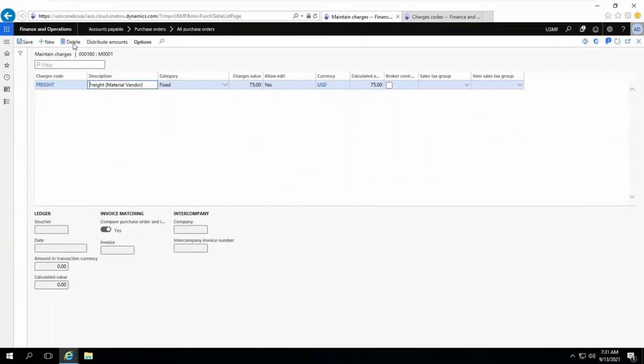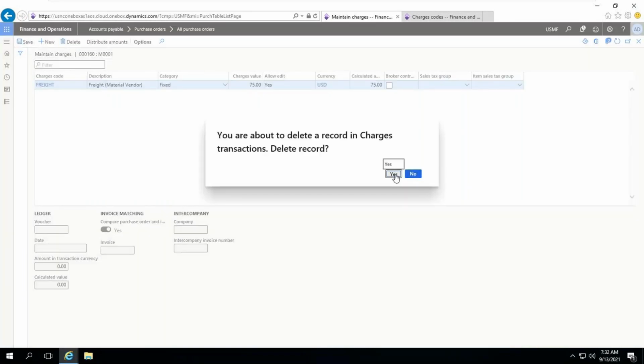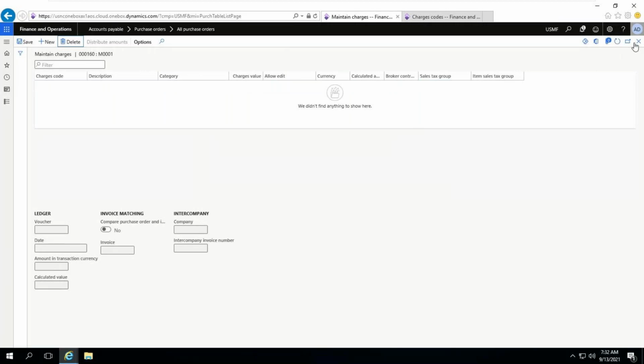Now I am deleting this method also. I want to show you another method, based on the quantity. Let me close this one.